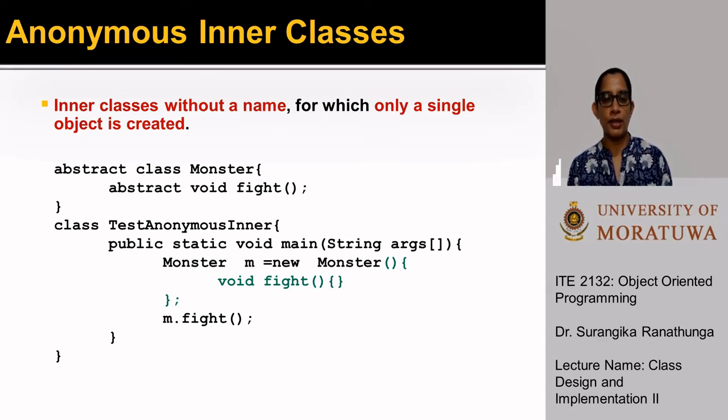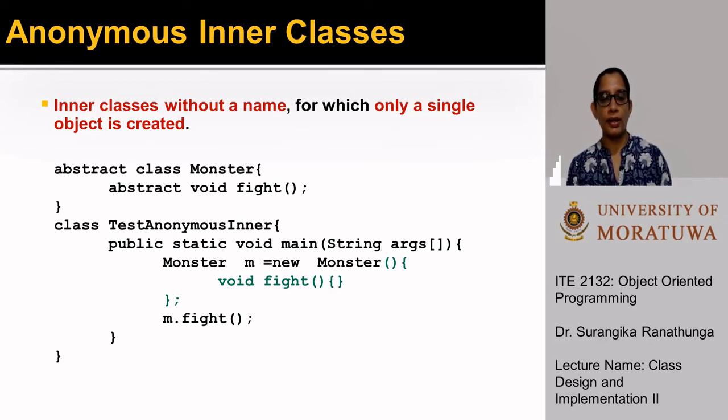As you can see here, I have a monster abstract class and I create an object using this monster abstract class without having a subclass. If you write code like this, monster m equals new monster, and within brackets we provide the implementation that should go into a subclass. This looks a bit confusing.